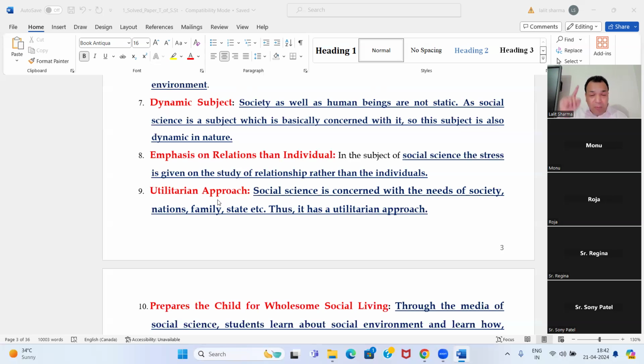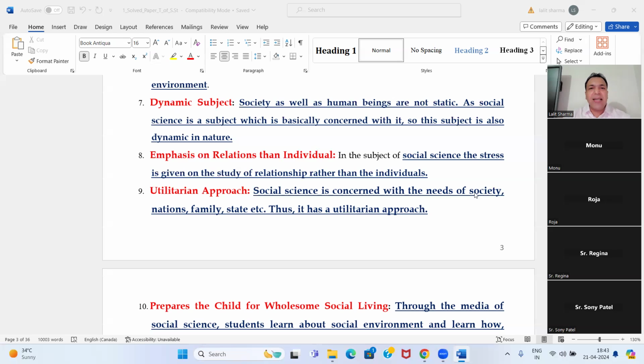But when you have taken the subject of social science, it talks about society, not the individual. So the point is: emphasis on relations, then the individual. It is a feature of social science that stress is given on the study of relationships rather than the individual.